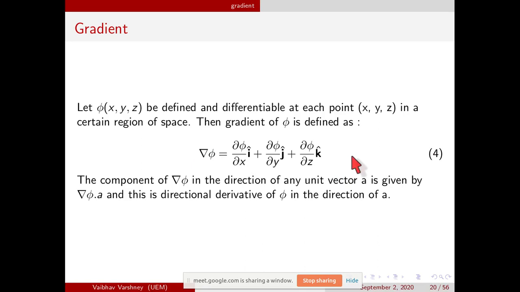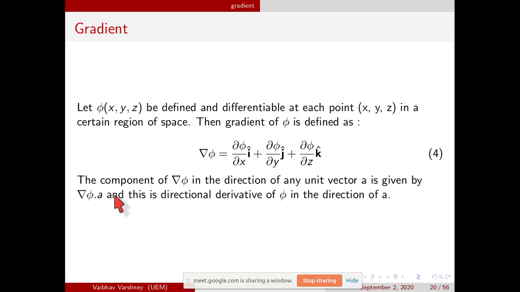Yesterday I defined the physical significance of gradient also. If we want any component of del phi, then we have to take the dot product with that vector, and that is called the directional derivative. Today I will do one problem related to directional derivative. Directional derivative means the direction in which you want to calculate.